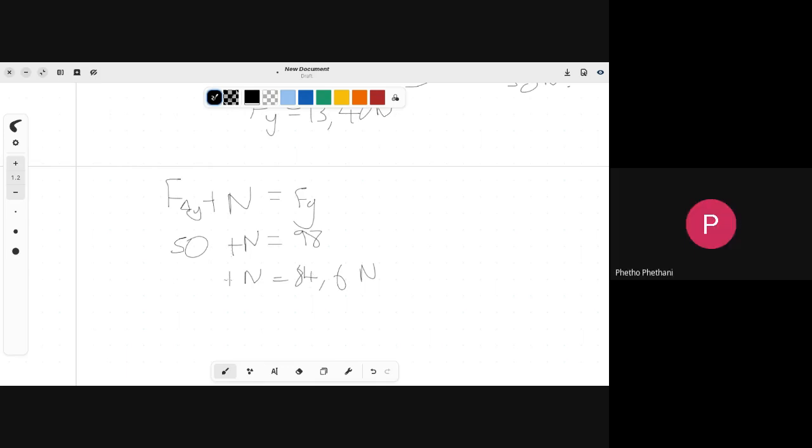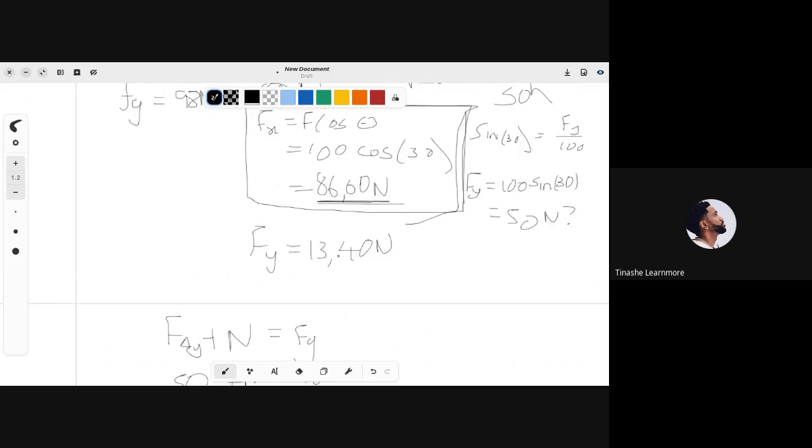What am I doing? Oh, no. This is just the normal force, and this should be 48. 48 newtons.